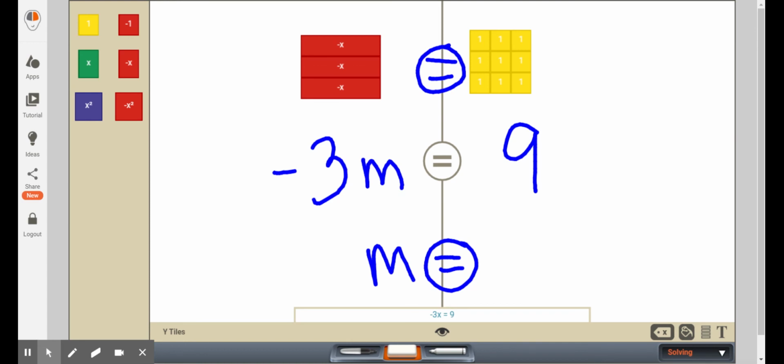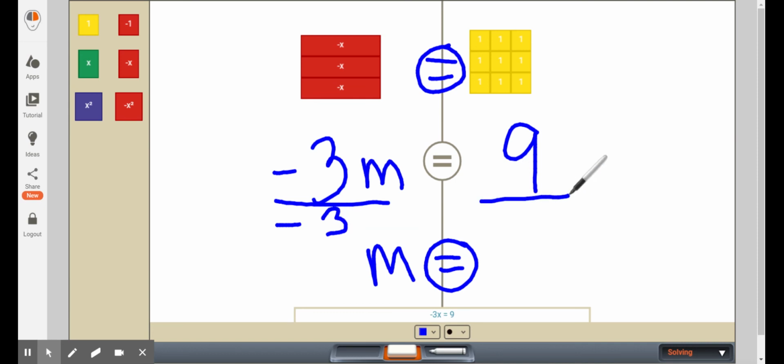So the opposite of multiplying this variable by a negative 3 would be dividing the variable by a negative 3. And in order to solve equally for the equations, we're going to divide both sides by the same thing. So 3 divided by 3 will give us 1.